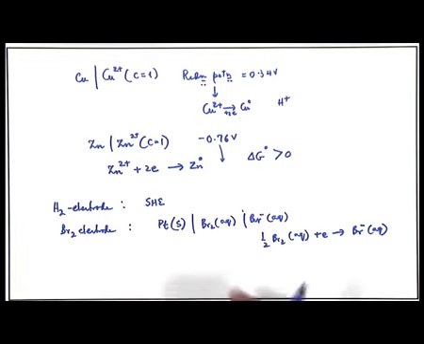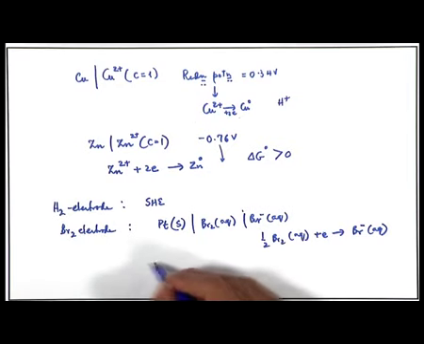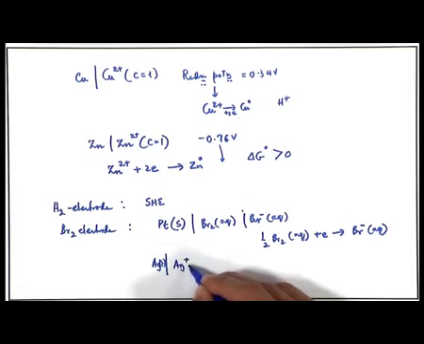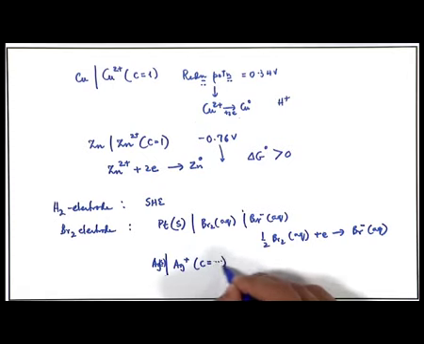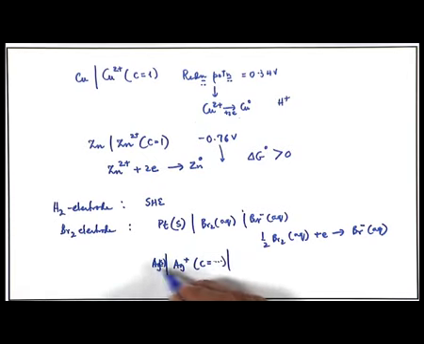Another may be, for example, a silver chloride electrode, where you dip silver wire in silver nitrate solution. It will be Ag solid, then Ag plus, say C equal to some value, that is a metal salt.